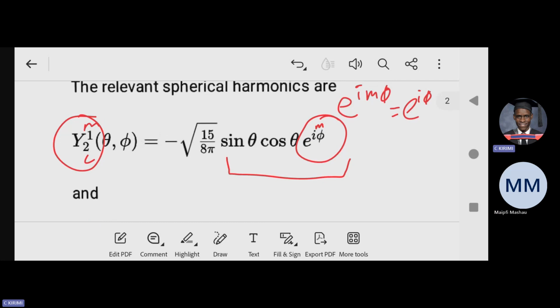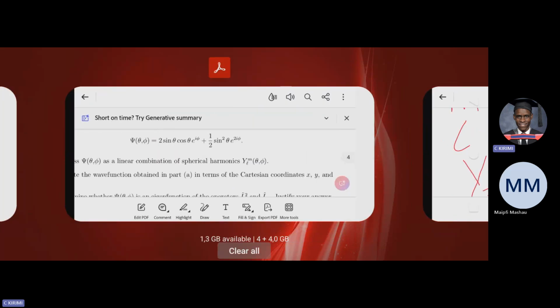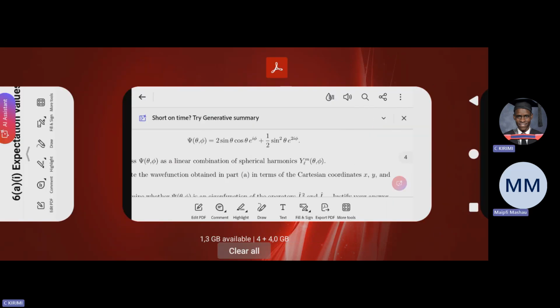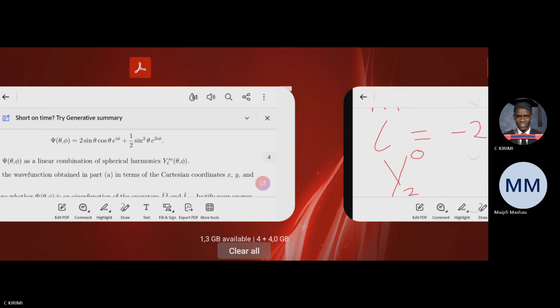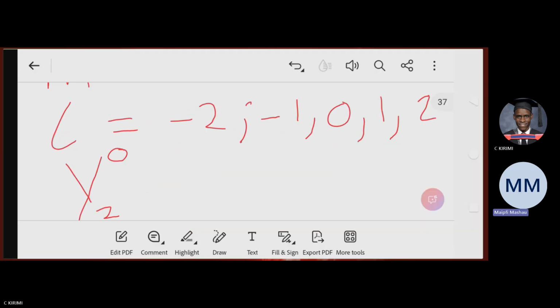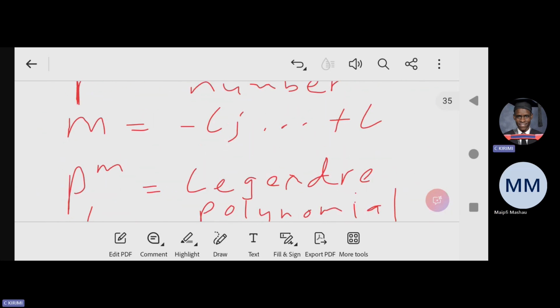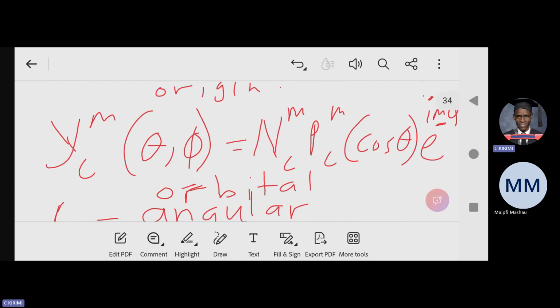So if you come here to the formula of spherical harmonics, like that time when I was asking how do you know, isn't it because the 2 is given there in the equation? Yes, that's why we have Y, M, L, and M is the one that is there.